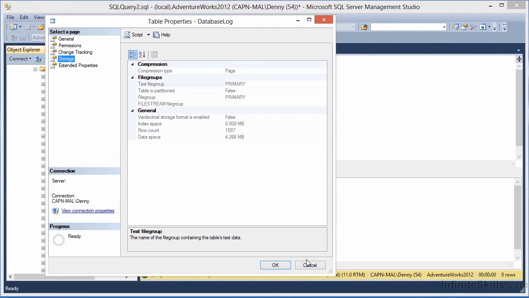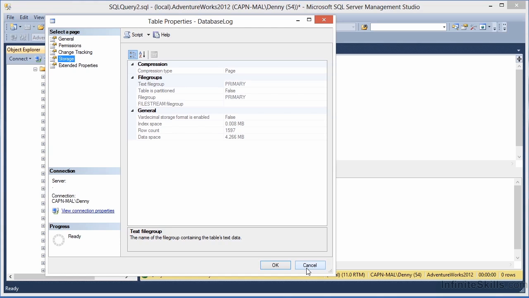This isn't a huge amount of space savings, but this is just a sample table, and I don't want to sit here and run a data compression on a billion row table, so you can get a good idea how much space is saved. So in the real world, if I was to run that on a large billion plus row table, I could get a substantial amount of space savings. One of my customers, for example, when I compressed one of their 1.2 billion row tables, the original table was taking right around a terabyte of hard drive space.